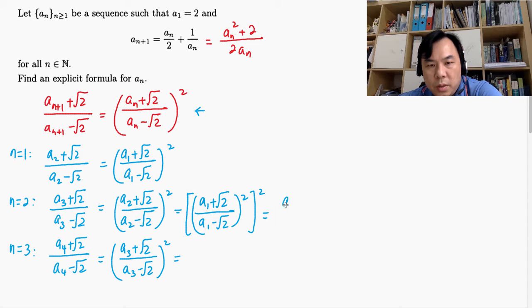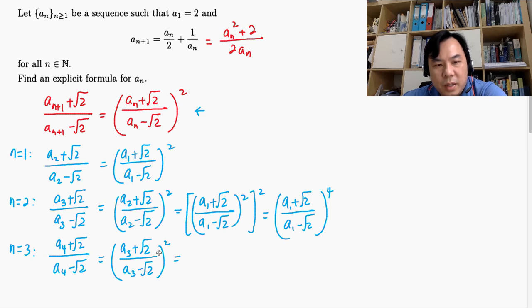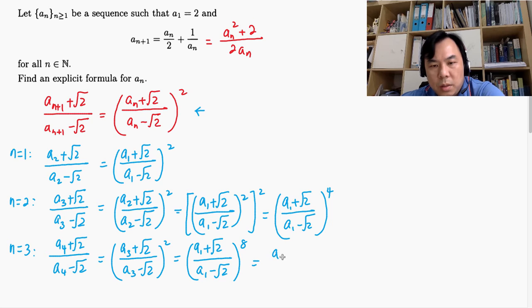You can actually write this one down as, so if I were to simplify this, that is typically a 4. This is a 2. And then this one here, I'm going to substitute this one inside here. That will be A3, oops, it's not A3. It'll be A1 then. So A1 plus square root of 2 over A1. Now that will be 8, which is exactly the same as this one also.